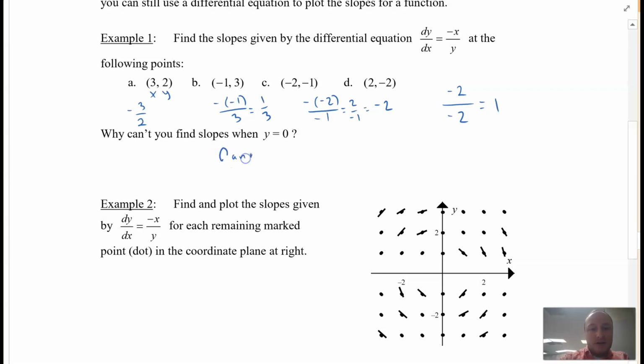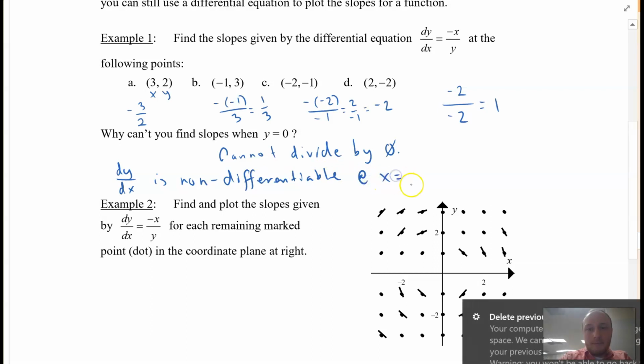So at y equals 0, dy/dx is non-differentiable.